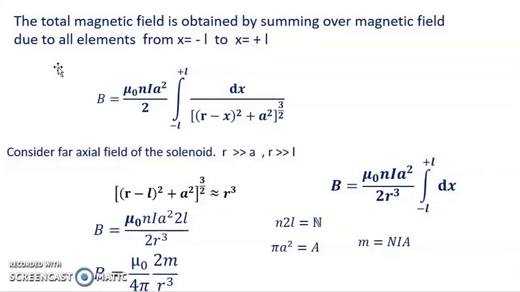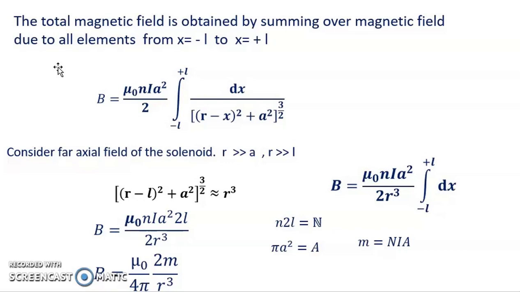Considering the far axial field of the solenoid, the distance from the solenoid to the point P is very large compared to the radius A, and similarly r is very large compared to the length of the solenoid. We can neglect the radius term, and we can neglect x also in the above equation, since L is very small compared to r.